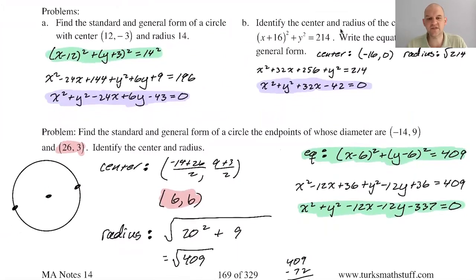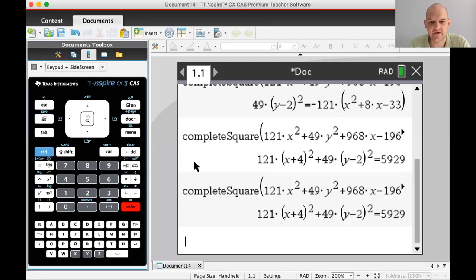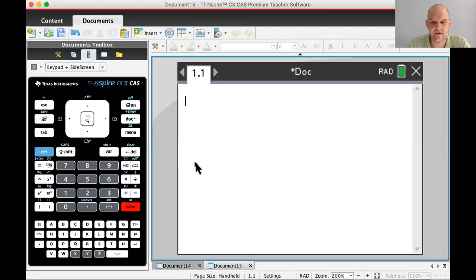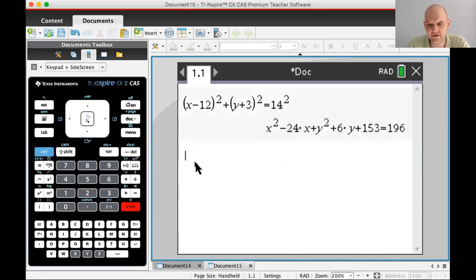All right, let's use the calculator to help us out on these and just check. If you're good, you're good. You can get out of here. Otherwise, hang around. So if I just have (x - 12)² + (y + 3)² = 14², I'm going to hit enter and see what happens.